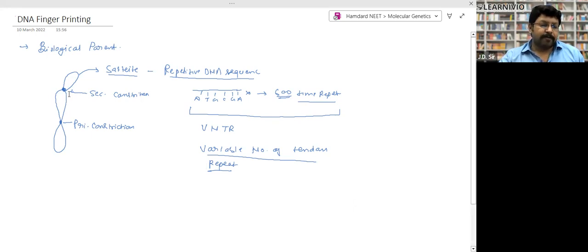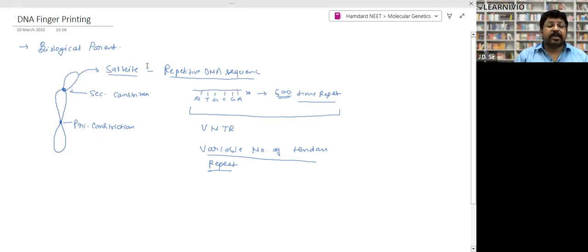In DNA fingerprinting, look, this is the structure of a chromosome. This is an arm of the chromosome, this is another arm of the chromosome, right? This is called the primary constriction, and this is called the secondary constriction. After the secondary constriction, there is a satellite part.